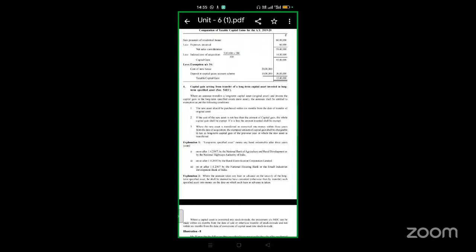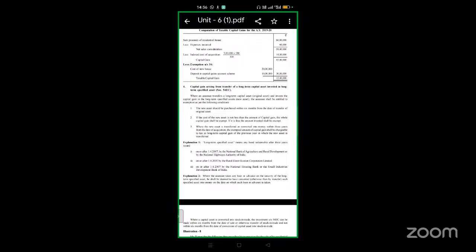It means whenever you sell any long-term capital asset and reinvest the amount you receive in long-term specified assets, like bonds of the National Bank for Agriculture and Rural Development, the National Highway Authority of India, Rural Electrification Corporation Limited, the National Housing Bank, or the Small Industries Development Bank, then you get an exemption.